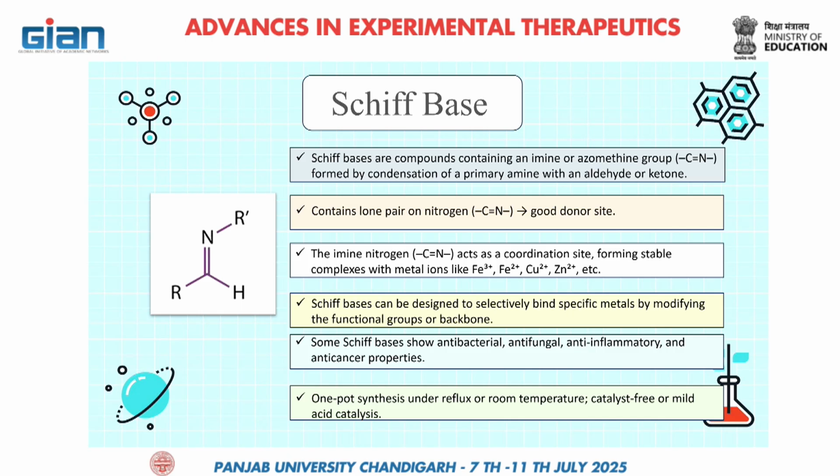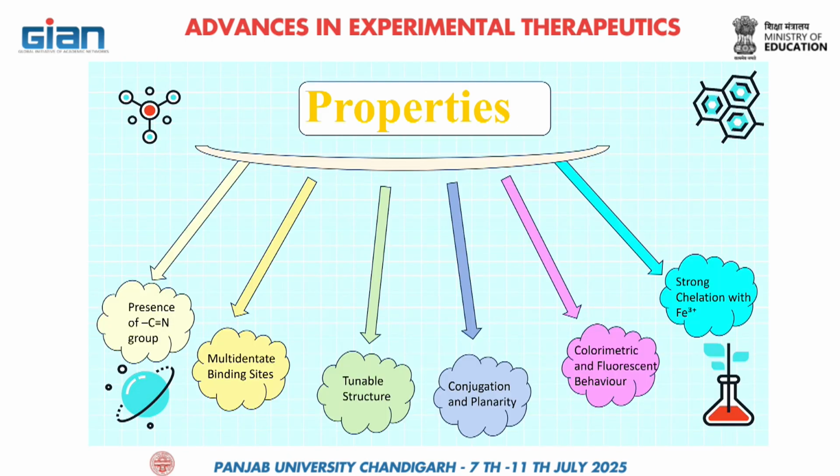Some Schiff bases show many properties like anti-cancer, antifungal, anti-inflammatory, etc. One of the best parts is that it is a one-pot synthesis under reflux or at room temperature, catalyst free, or a mild acid catalyst is required sometimes, not every time. So what are the main properties why Schiff bases can act as good chemosensors?